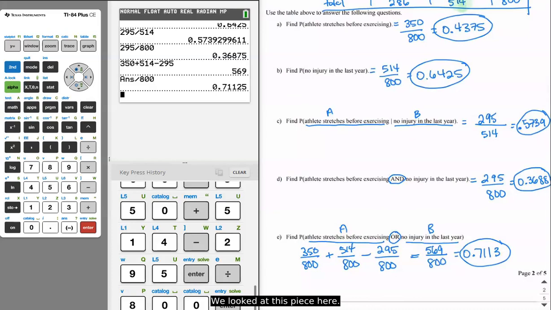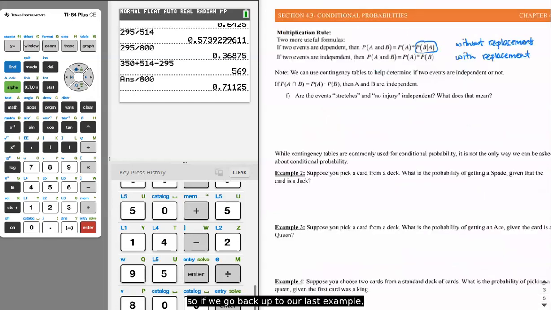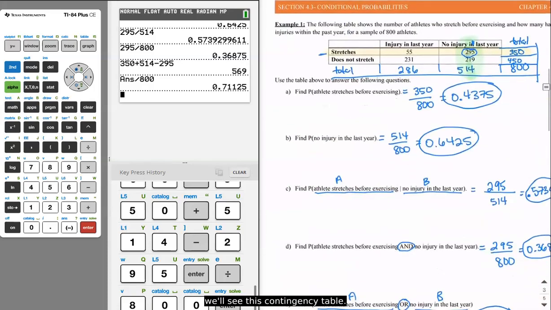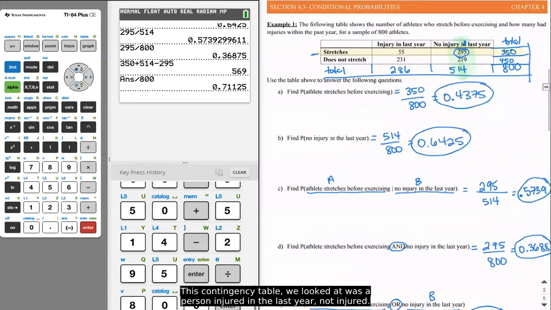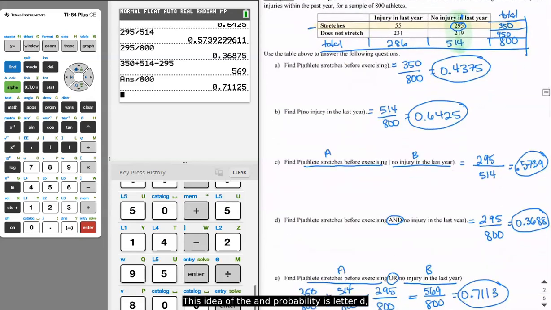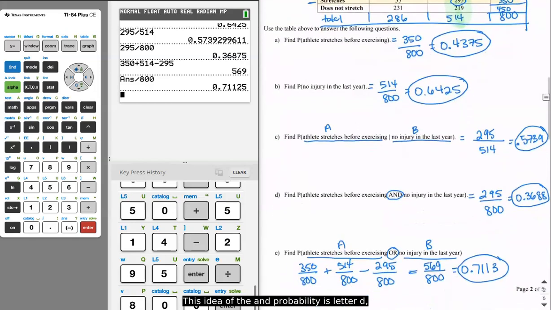If we look a little bit more at letter D with A, this idea of the and probability is letter D: athletes stretching before exercising and no injury in the last year.